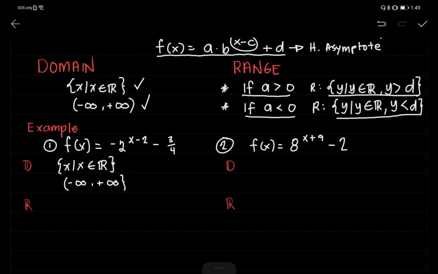Okay? Then, sa range naman natin, so sabi natin, para mahanap yung range, kunin natin yung value ng ating a. So, ang a natin dito is equivalent siya sa negative 2.